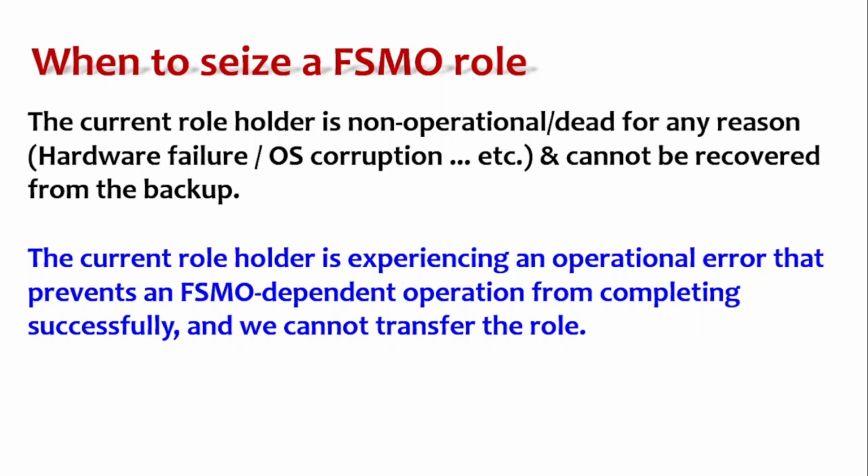In this case, the domain controller is up and running, but it's not able to perform the FSMO dependent operations. For example, if it's the RID master, it's not able to distribute RIDs to other domain controllers. In such a condition, we'll turn off this domain controller and then seize the role, because we cannot transfer the role.